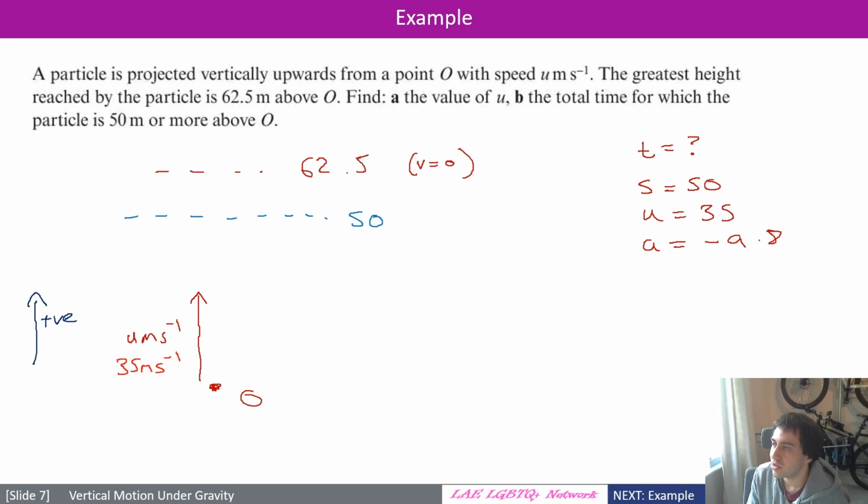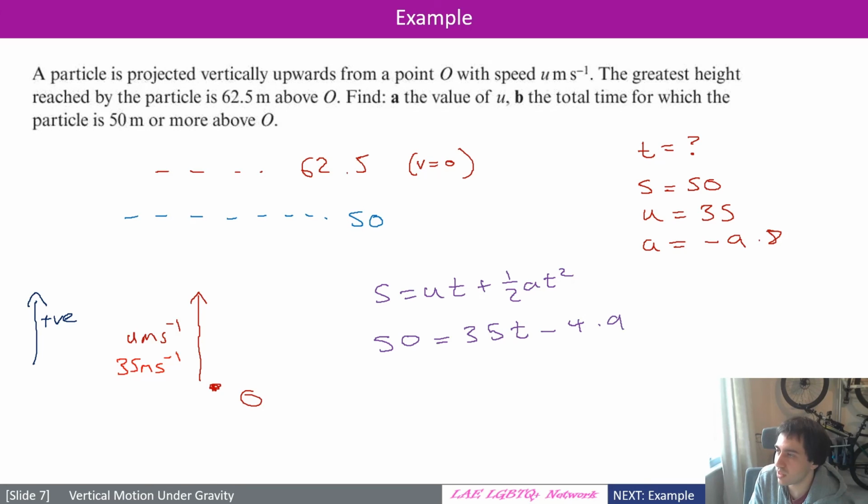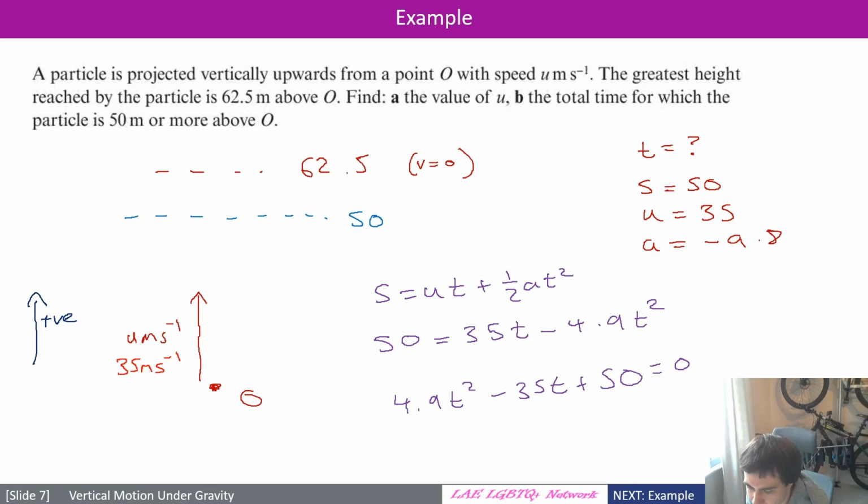So we can use the SUVAT equation s equals ut plus a half at squared, which gives us 50 equals 35t minus 4.9t squared. Rearranging to look more like a normal quadratic, we get 4.9t squared minus 35t plus 50 equals 0.